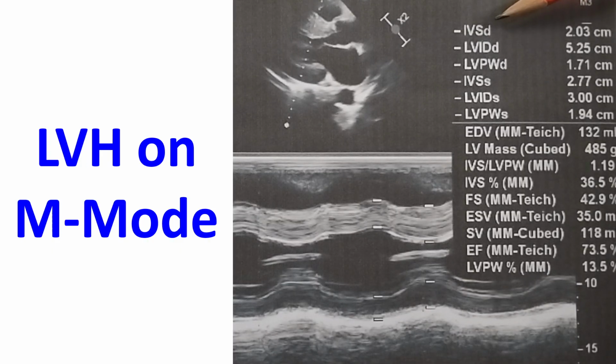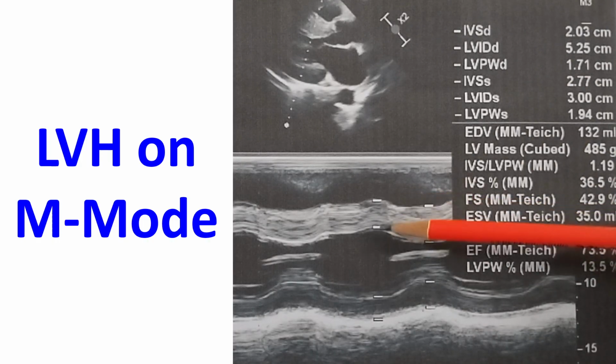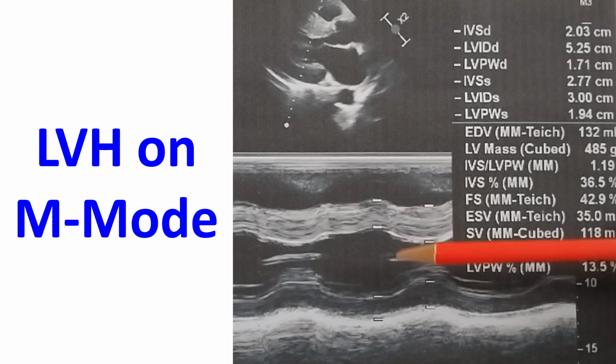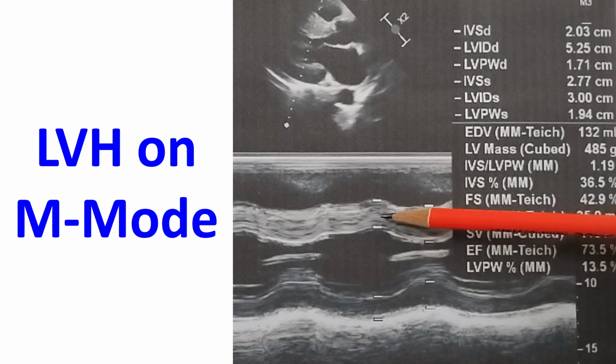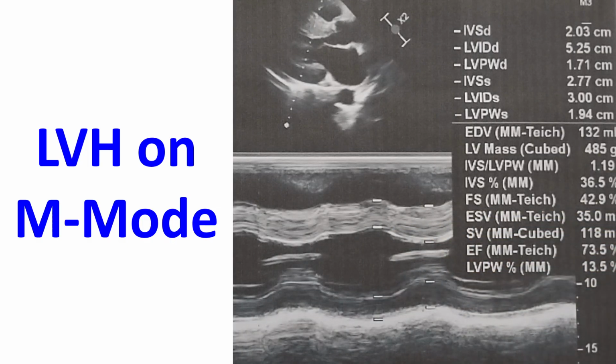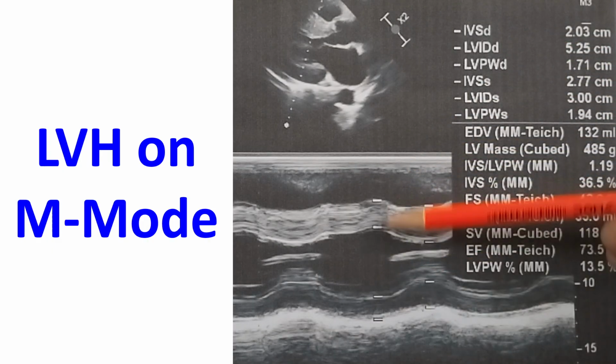This is interventricular septal diastolic, 2 centimeter. And this is that measurement, interventricular septum diastole. Diastole is identified when the septum and posterior wall are farthest apart. And this is systole when they come together in contraction. This is left ventricular internal dimension diastolic, that is this dimension.